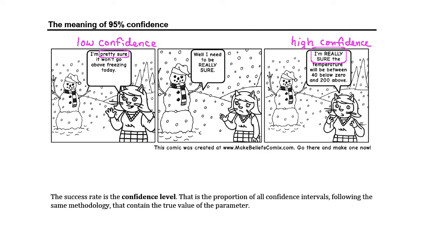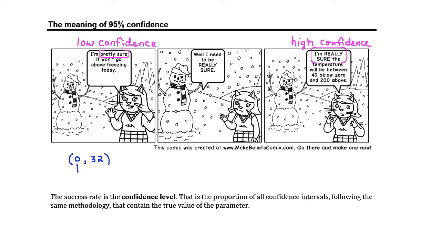So thinking about these mathematically in the context of confidence intervals, pretty sure the temperature won't go above freezing means perhaps she's thinking it will be somewhere between, let's say, 0 and 32 degrees. The 0, of course, is not necessarily implied here.